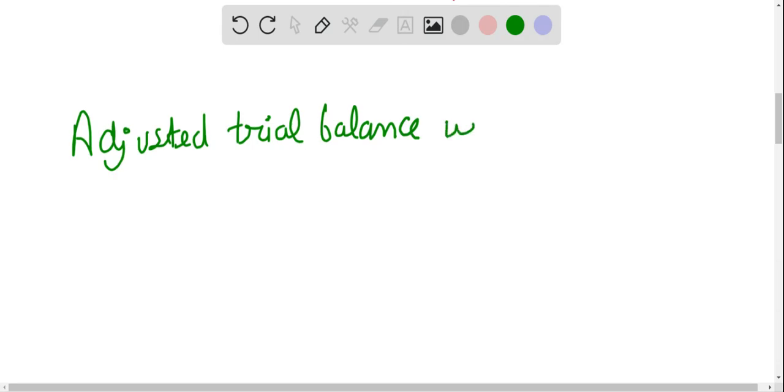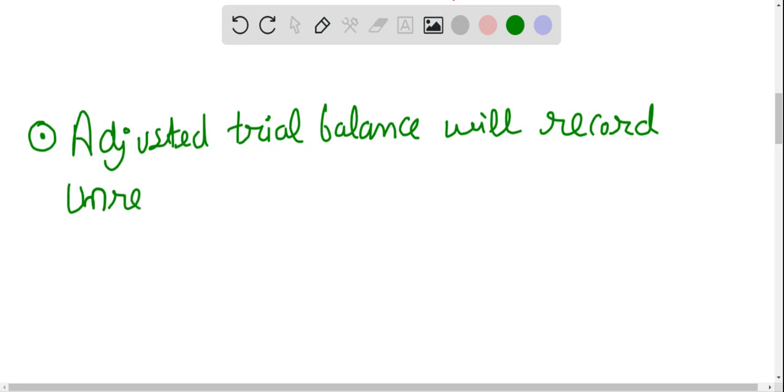Okay. Adjusted trial balance will record unrecorded transactions. Okay. It is not appropriate to write missed transactions. That is why I have written unrecorded transactions.